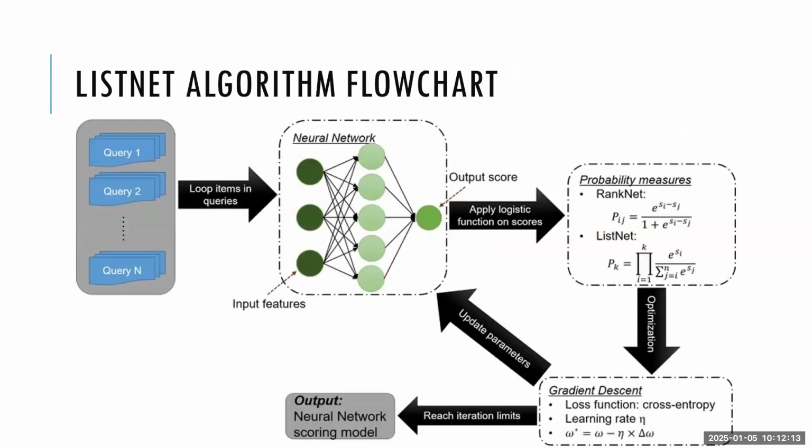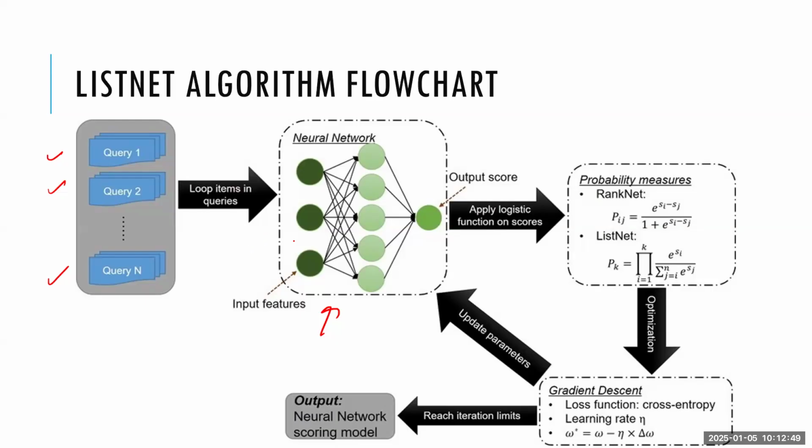And the algorithm for the ListNet, right? The neural network is in the middle. What it does is that it has many queries, right? For each query document pair, it's going to be the input layer for the neural network, and then it's going to give you the score.